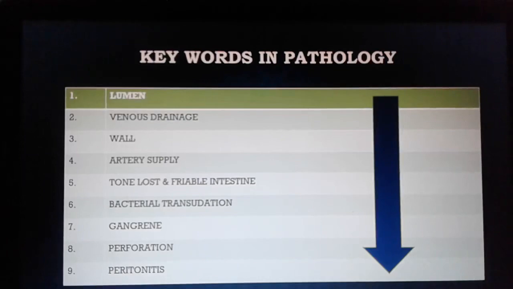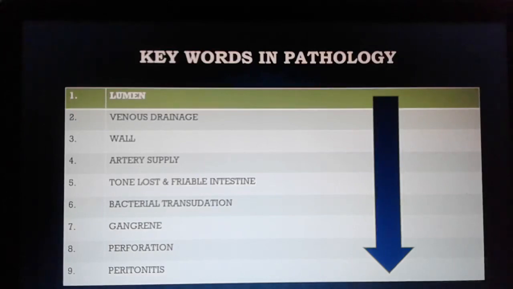Then the second word is the venous drainage. Whenever this intestinal lumen is being obstructed in a strangulated hernia, the first thing to get affected is the venous drainage of that organ. That will have some effect over the intestinal wall. Again the pressure rises inside and it will lead to affected arterial supply.